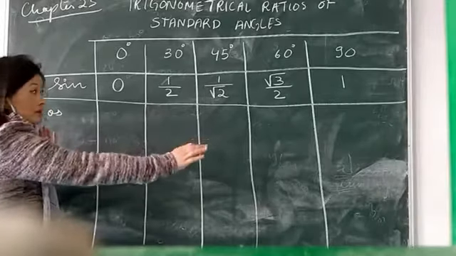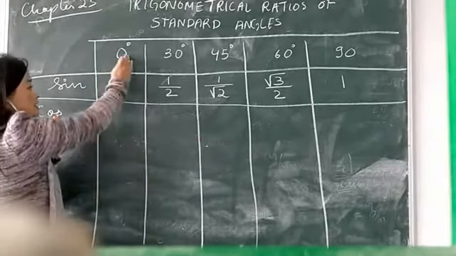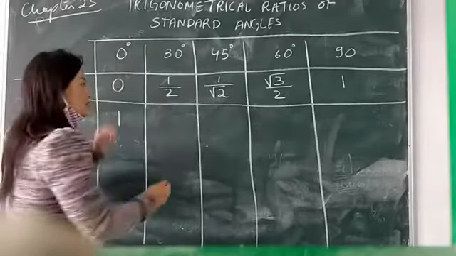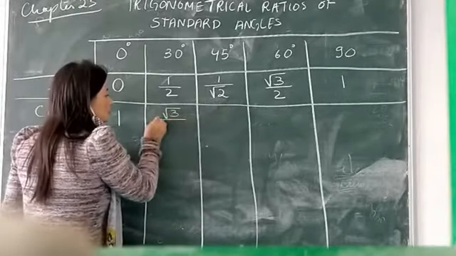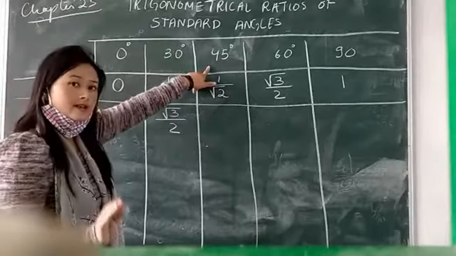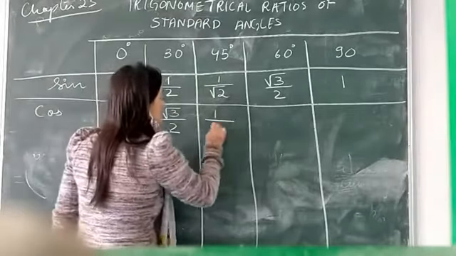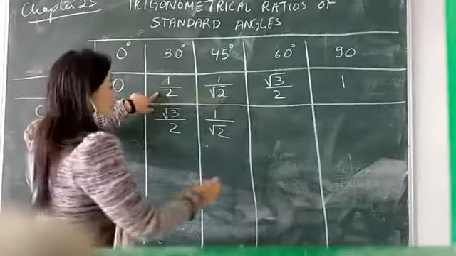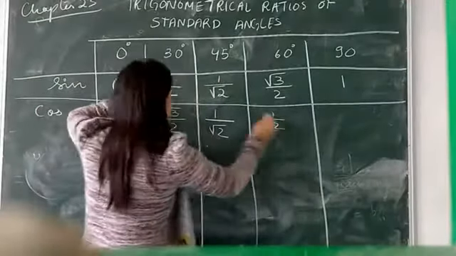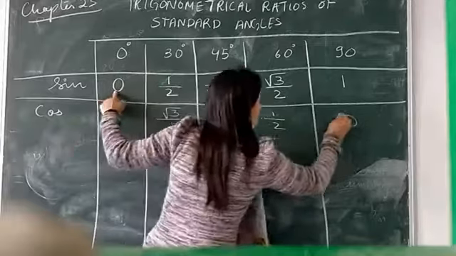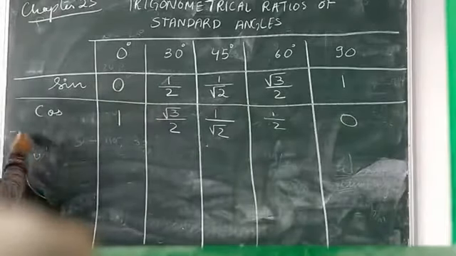Cos, we go in the reverse way. So cos 0 degree will be 1. You can see that. Cos 30 degree will be root 3 by 2. Cos 45 degree and sine 45 degree will have the same value. Then cos 60 will be 1 by 2 and cos 90 will be 0.